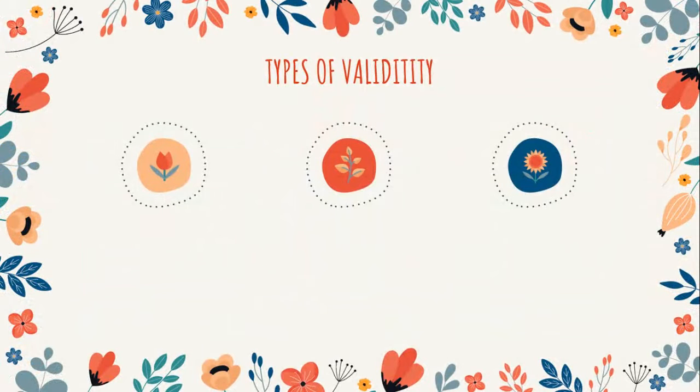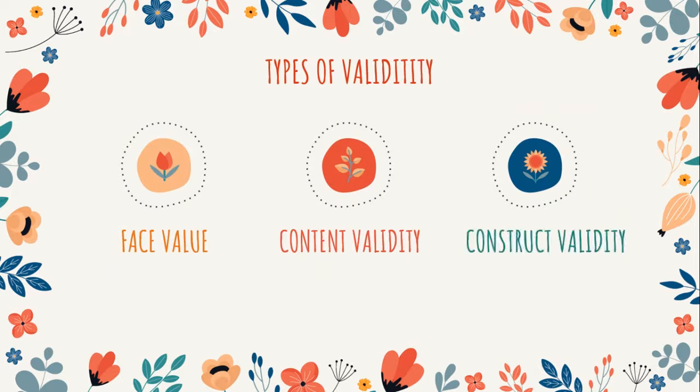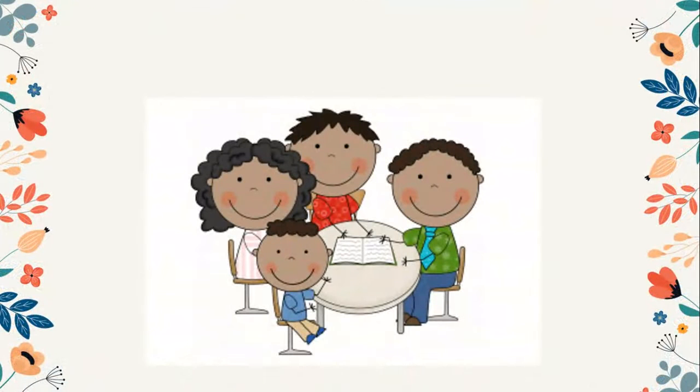There are 3 types of validity that we look at in assessment: face value, content validity, and construct validity. Now, face value refers to the apparent worth or the implication of something. So within assessment, face value refers to the parents.